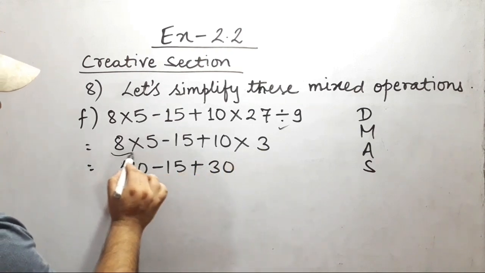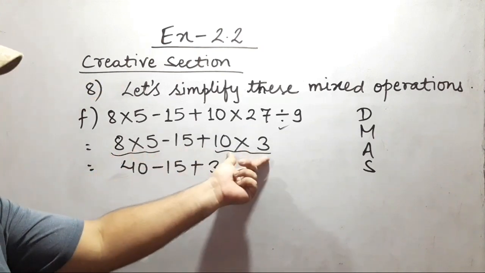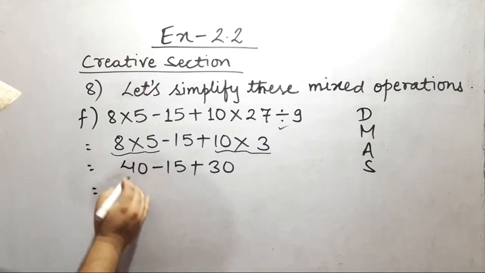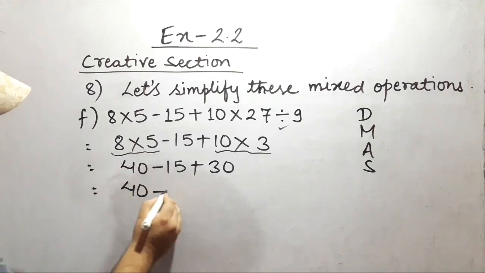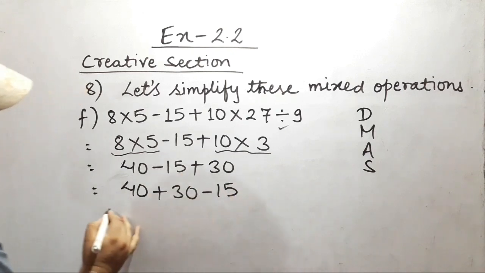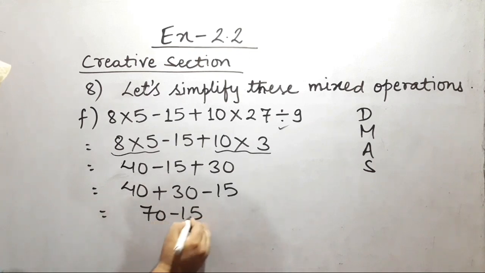We have two multiplication signs, so we shall do both. Now let's collect the numbers with positive sign. 40 plus 30 minus 15. 40 plus 30, 70 minus 15, we have 55.